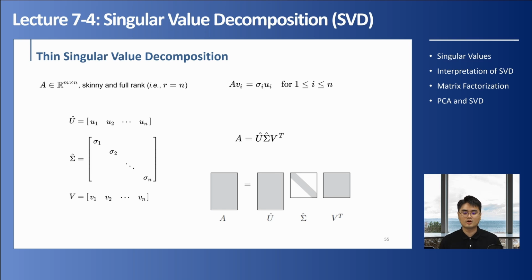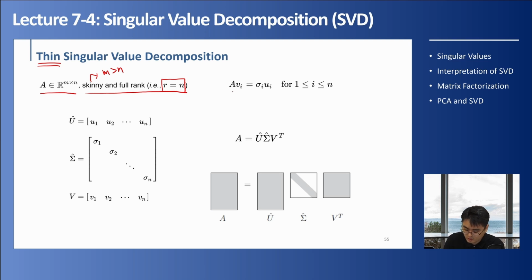So now let's talk about singular value decomposition, especially with a thin matrix. Let's say that A is a skinny and full rank matrix, where skinny means m is larger than n. So we have a skinny matrix here, and let's say that this is full rank, so r equals n.